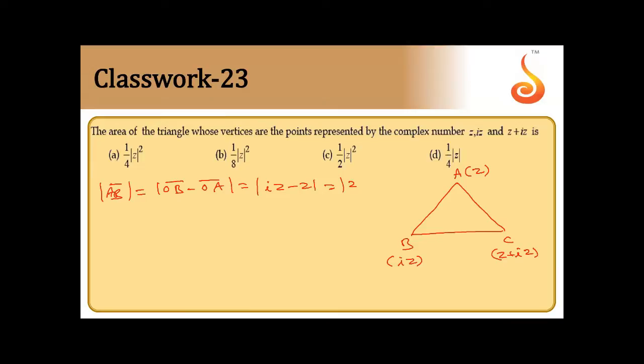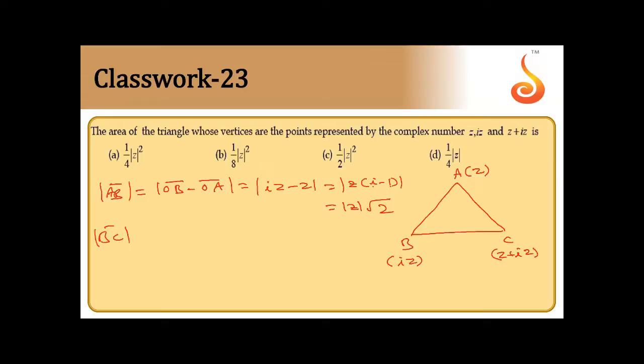So z common, i minus 1, this is mod z into root 2, because the modulus of i minus 1 is root of 1 square plus 1, that is root 2. So here root 2. That is the AB length.